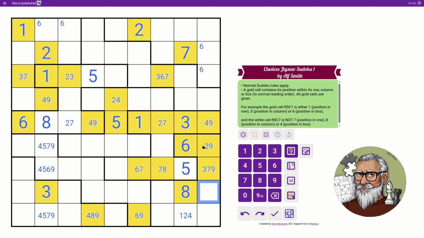What are we still missing here? That 1. But does it matter? It does. Does it? No, it does not. This one can still be. Oh, one of those is a 1. Not sure if that's interesting. Ah, it is interesting. Right, in this region, which is region number 3, I guess, this is not 1. None of these cells could be 1. And this one isn't either. So one of these is a 1, right? Keep that in mind, because now none of those are 1 because of these two.